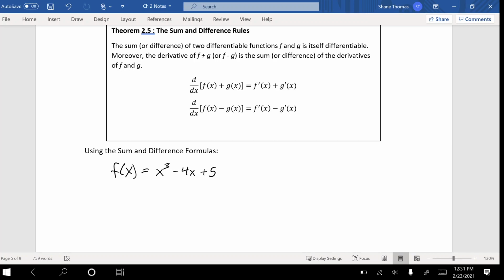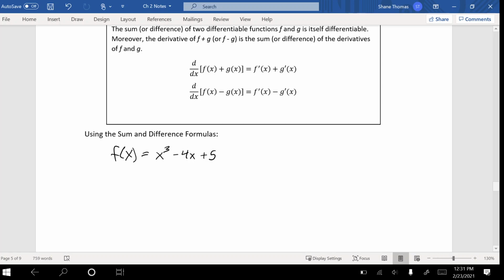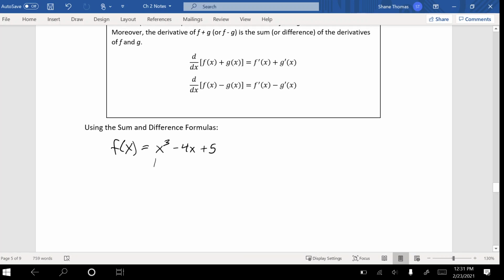Okay? So there's 3 terms there, right? So this is kind of how I like to do it. Okay, these are going to be really common ones like this. I like to put little arrows. So what is the derivative of x to the third? 3x squared. Good.